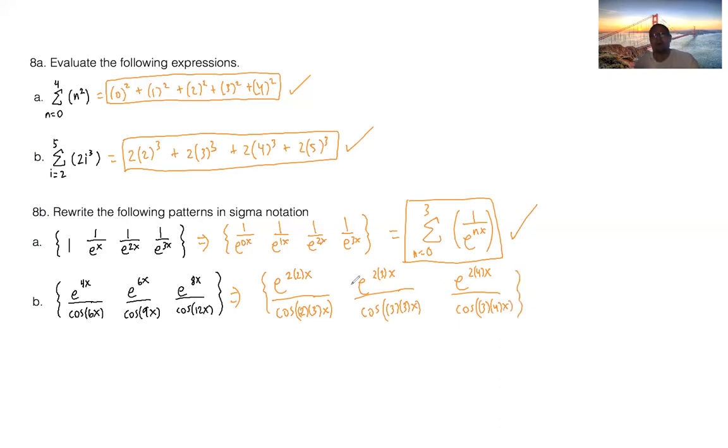Okay? So now that we're looking at this, the only number that changes up here is 2, 3, 4. Down here, the only number that changes is 2, 3, 4, right? And so here you can say that the pattern is going to be e to the 2 times some number times x, right?